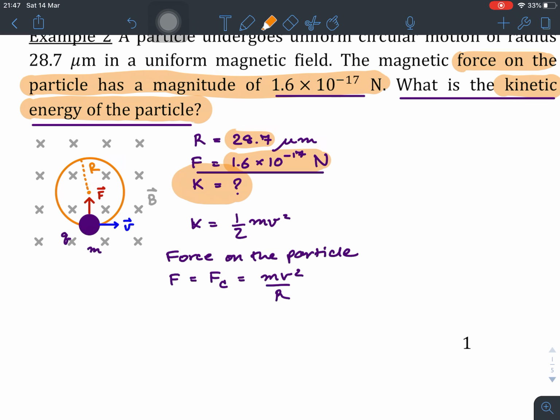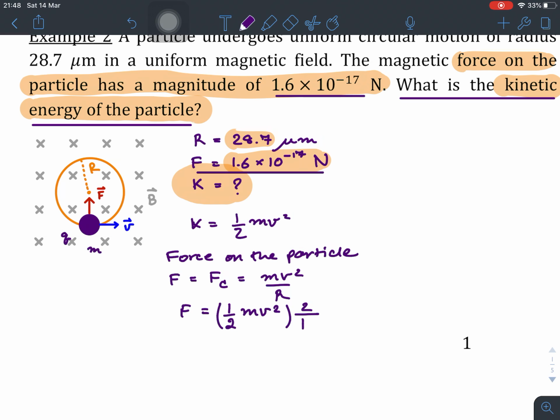So what I'll try is to play with F by putting a half here. If I multiply this equation by half, so that I have half mv squared, I also need to multiply it by 2, so that will make 1.